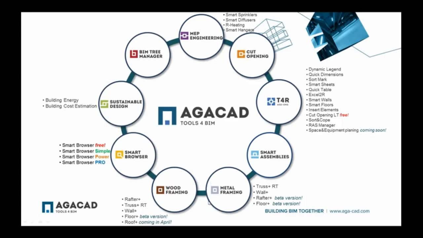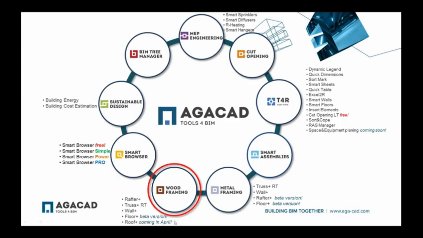And we have one more group, metal framing. Here you can find products for framing your roof or your walls using metal trusses, metal rafters, or, for example, metal frames and metal studs on your wall.